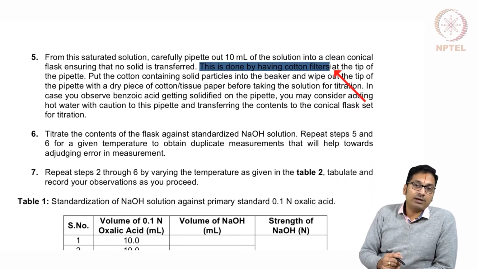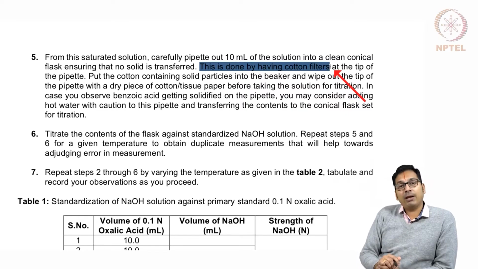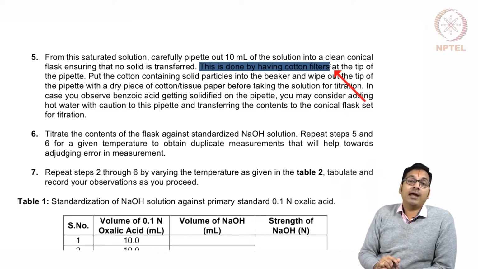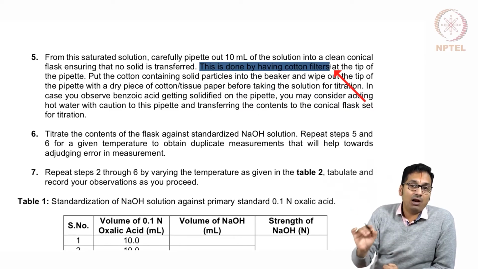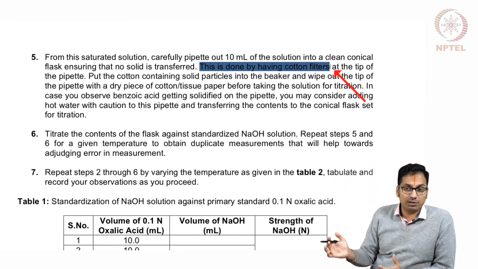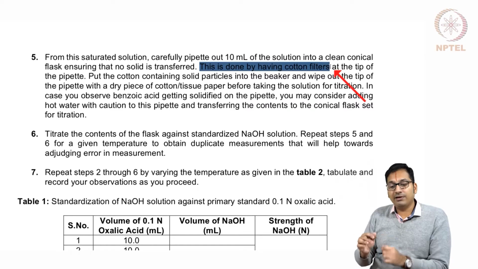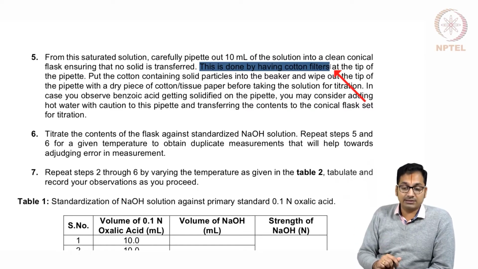This is required because there will be some excess solid floating around in your solution. By chance, if you pipette that solid out, it's going to be erroneous because you want to measure how much benzoic acid is dissolved into the solution and not how much is present in total. So you have to put a cotton filter at the tip of it so that this is ensured.